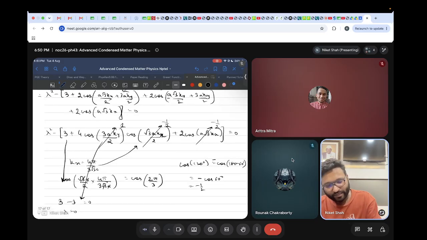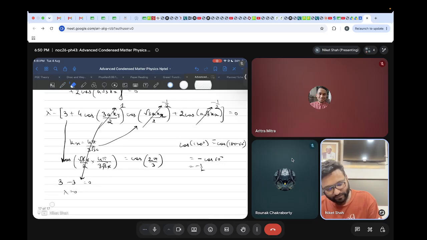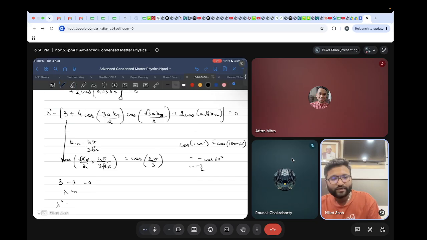This is our dispersion relation. This is lambda square. Lambda square is this entire thing. Let me just remove all of this. I just wanted to show you by verifying that this equation will give me zeros at the Dirac points that have been described. Okay, so this equation itself has zeros exactly at Dirac points.